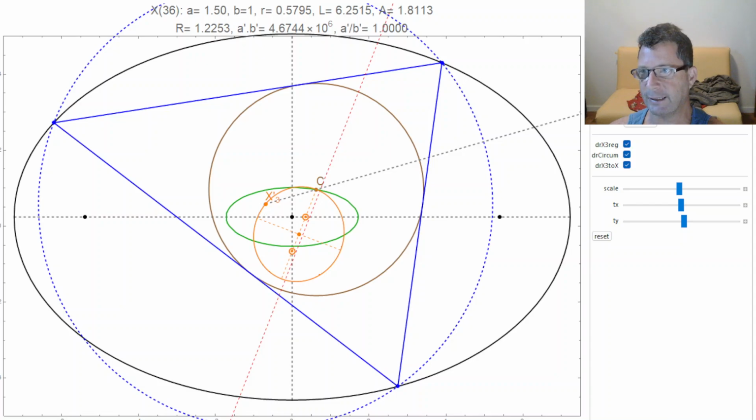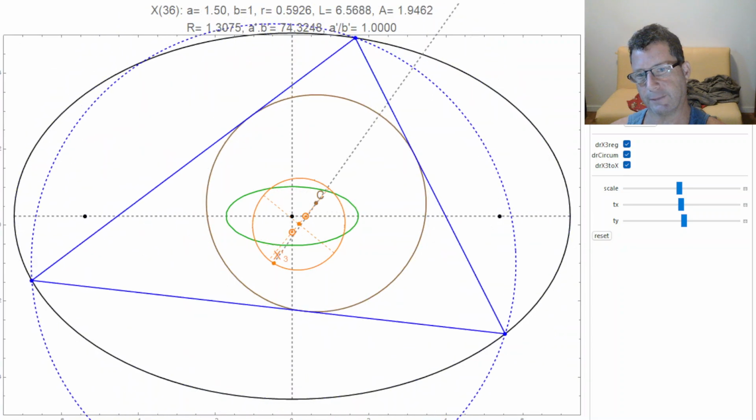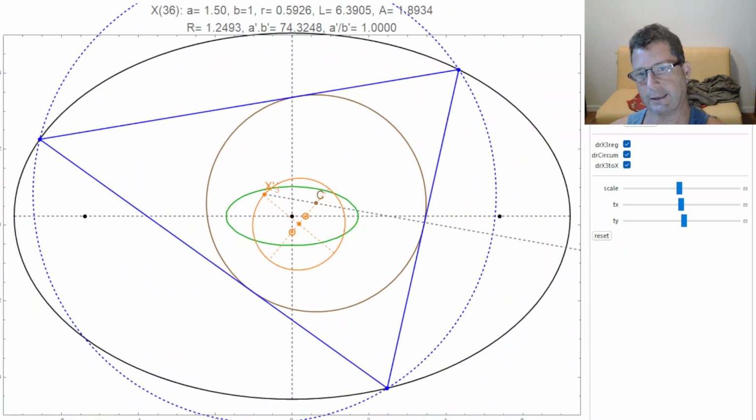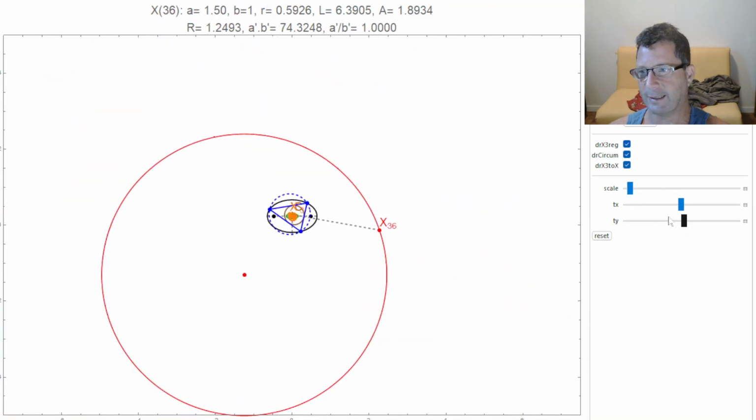When C is interior to that green region, for example, like so, okay, we saw in a previous video, and by the way, this green curve is computed numerically now, we saw that C is now interior to the locus of X3. And in this case, what we get is a circular locus of X36 that gobbles up the system, right?